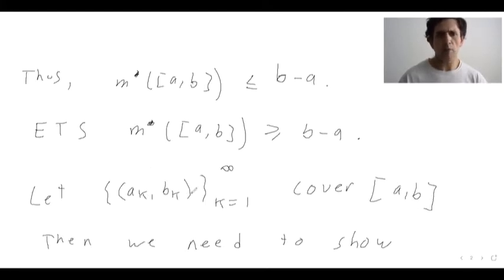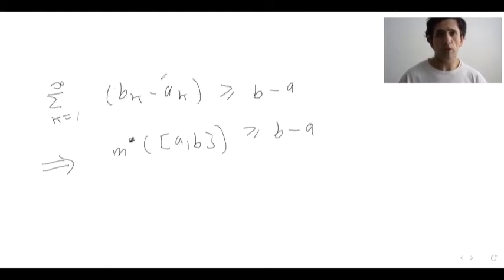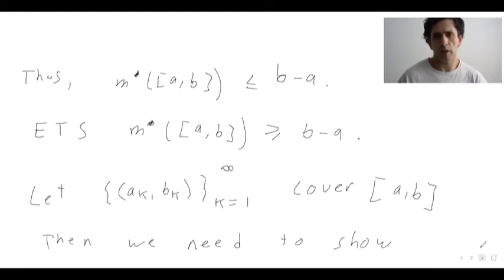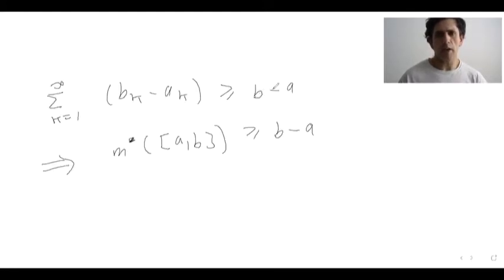So we picked an arbitrary cover and we looked at the sum. What this proves here, because a_k, b_k is just an arbitrary cover of a to b, is that b minus a is therefore a lower bound for all of these sums of lengths of covers of a to b.